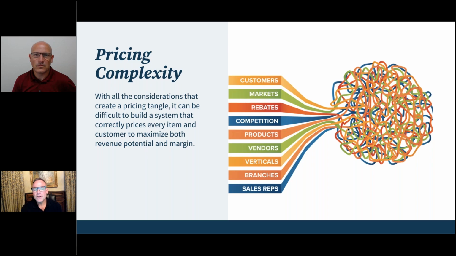And they may be trying to coordinate pricing across different branches, across large sales forces where the sales teams have been empowered to set prices. So all of this adds up to a vast amount of complexity in distribution, and that's really one of the major challenges for companies trying to both be competitive but also profitable in the marketplace.